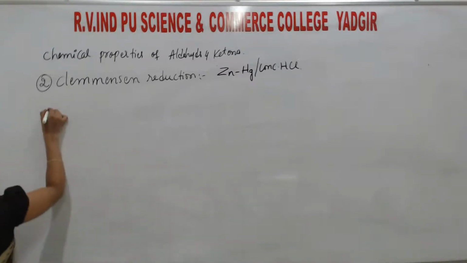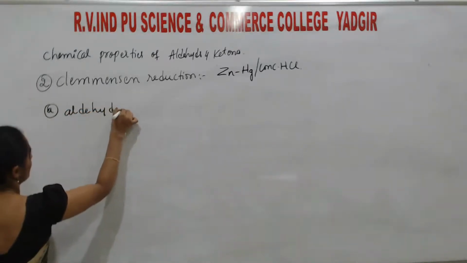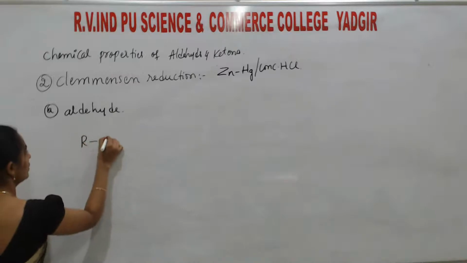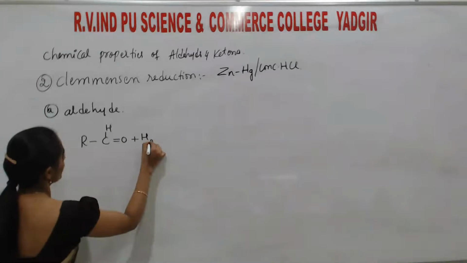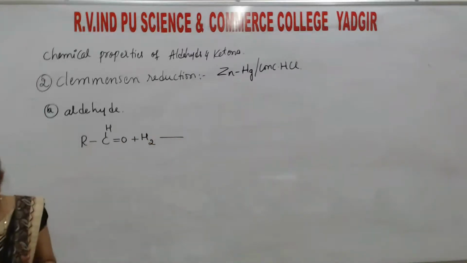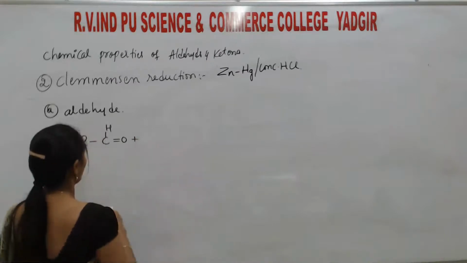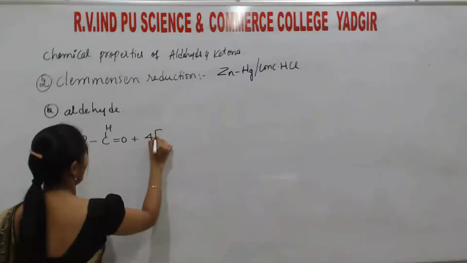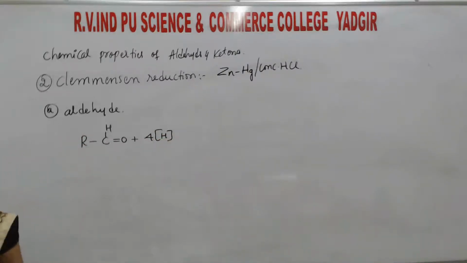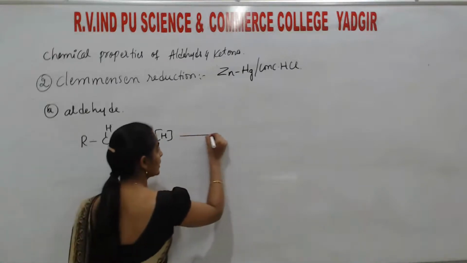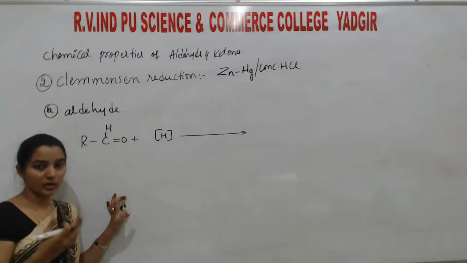So I'll take aldehyde here. Aldehyde means RCH double bond O. Of course, reduction means addition of hydrogen, but here the hydrogen is taken like this, 4 moles of H2. So listen students, what is the expected product here? If hydrogen is added, remember I wrote 4 hydrogen and 2 hydrogen.